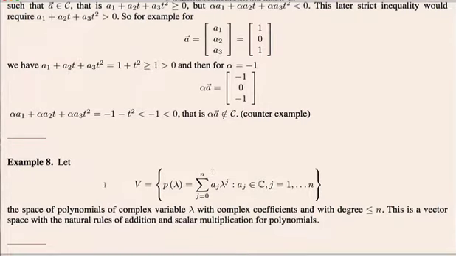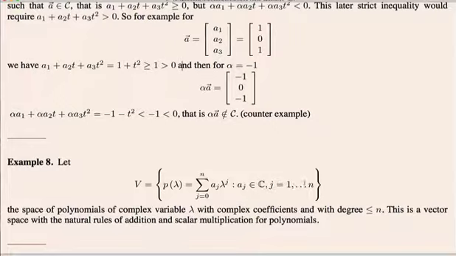Next example, let V be the set of polynomials P of lambda, where P of lambda has the form sum as j goes from 0 to n, a sub j, lambda to the j, where the a sub j's are complex numbers.